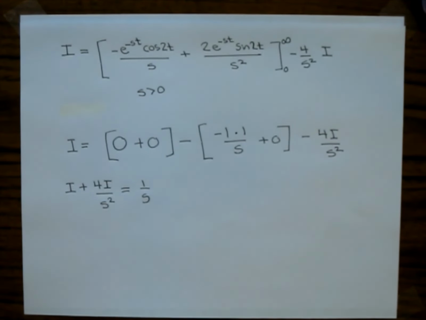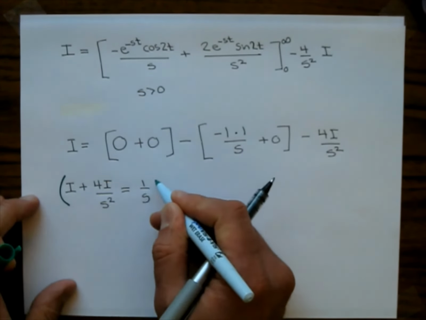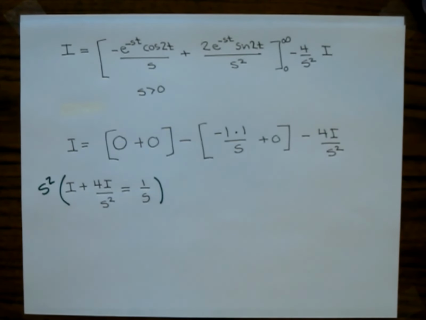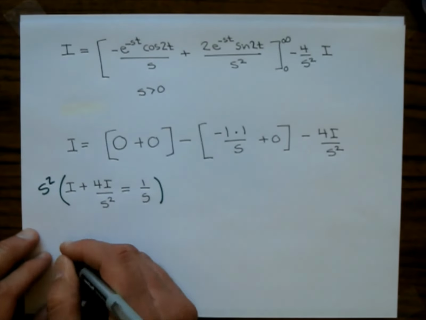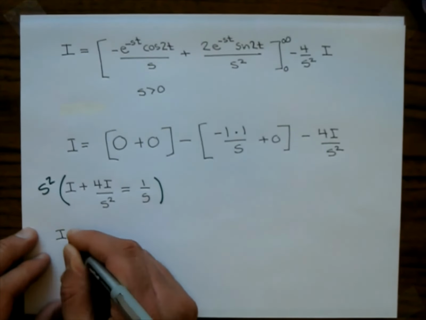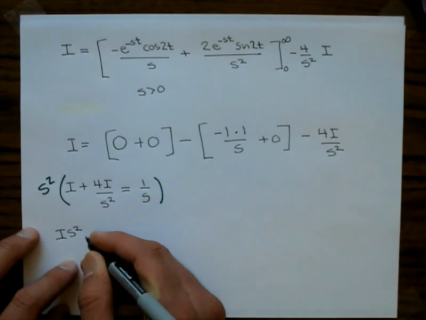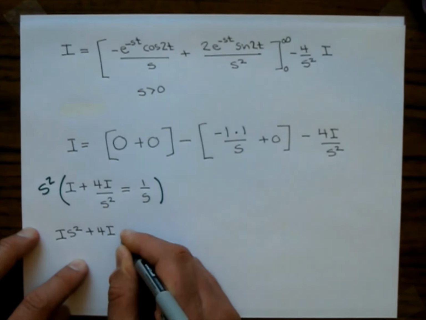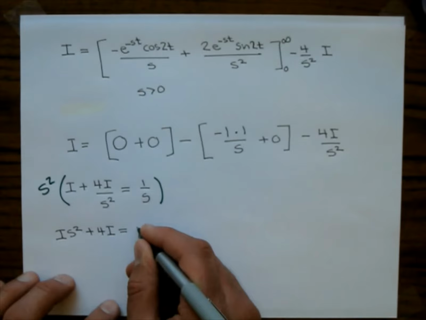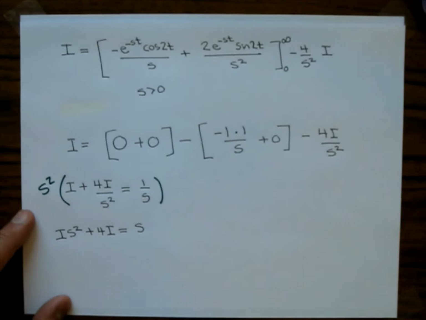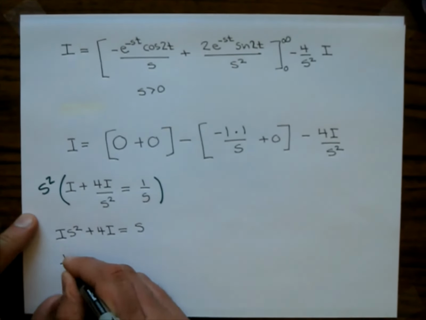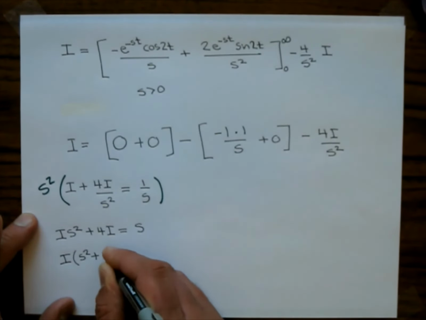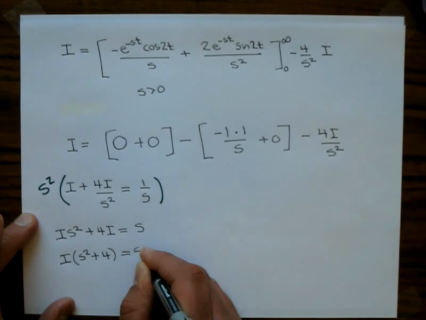Now I'm solving for I, which was my original integral. I'm going to multiply both sides by s squared. So I have I s squared plus 4i equals s. I'm going to factor out an I. So I have s squared plus 4 times I equals s.